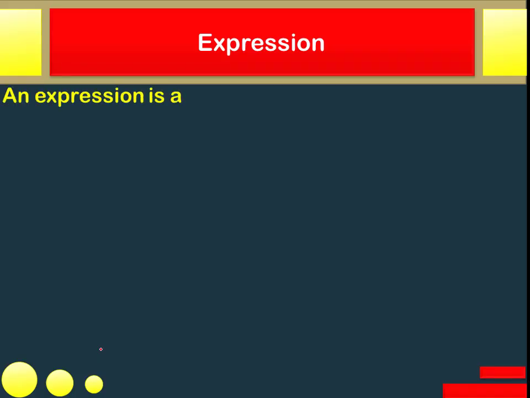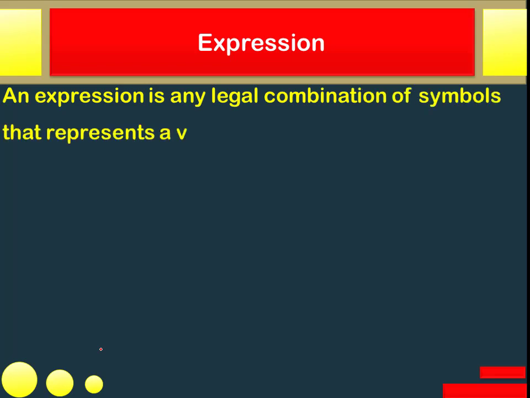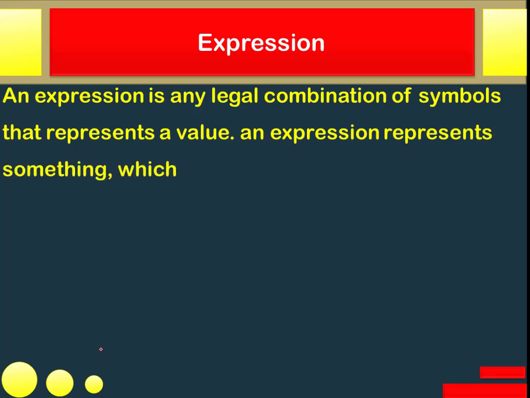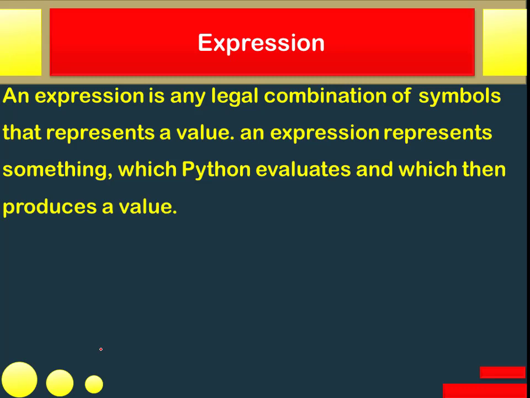First is expression. An expression is any legal combination of symbols that represents a value. An expression represents something which Python evaluates and which then produces a value.